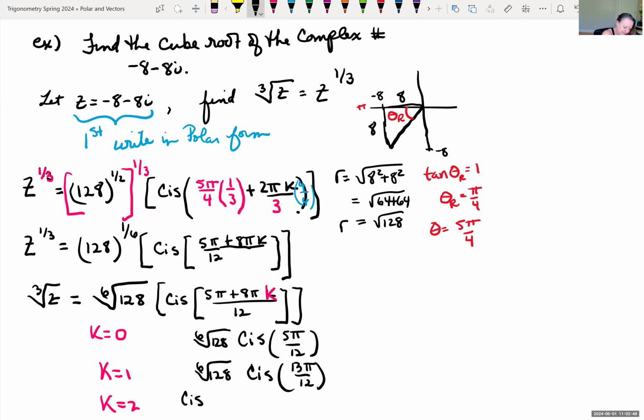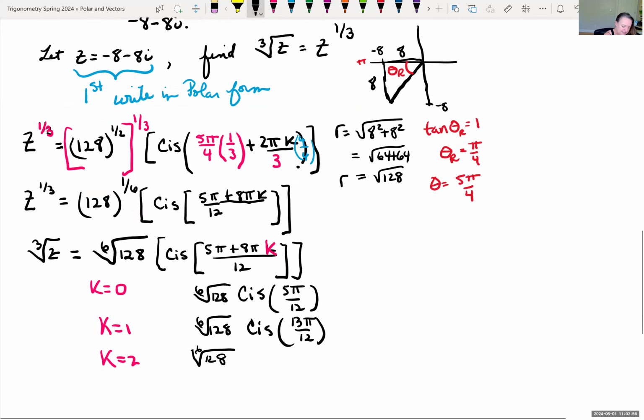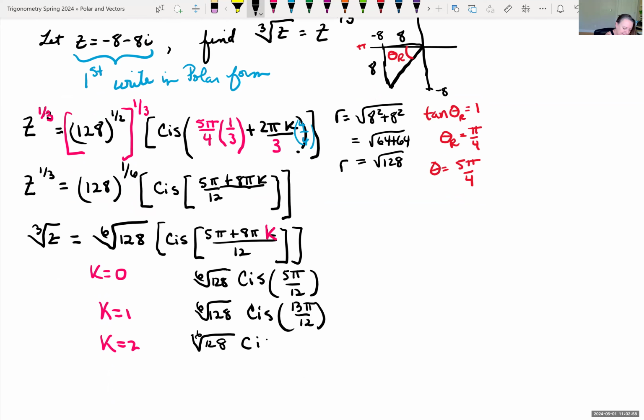So we have the sixth root of 128 cis of 21 pi over 12. If I do 3, I'm going to be too big, because 3 times 8 is 24, and 24 plus 5 is 29 pi 12ths, which is bigger than 2 pi.